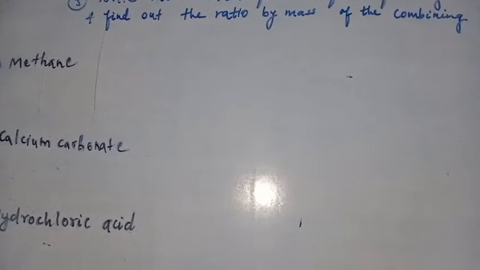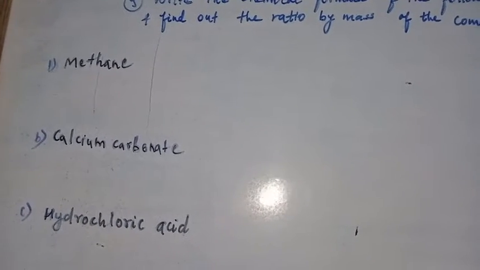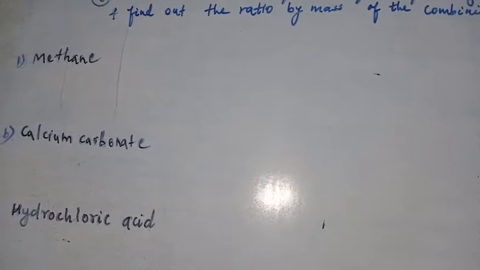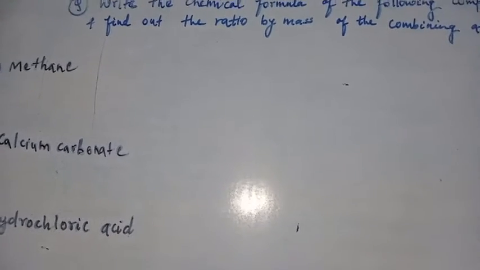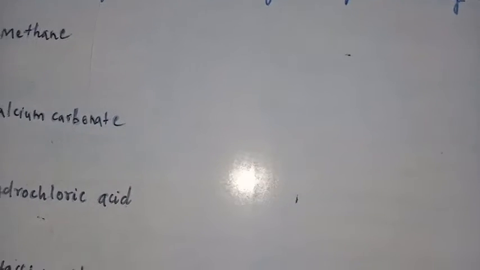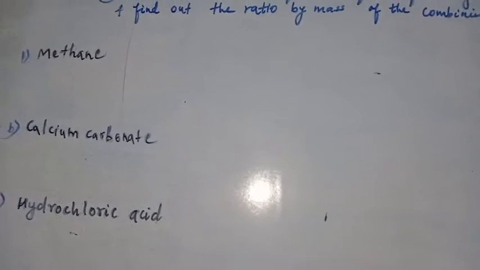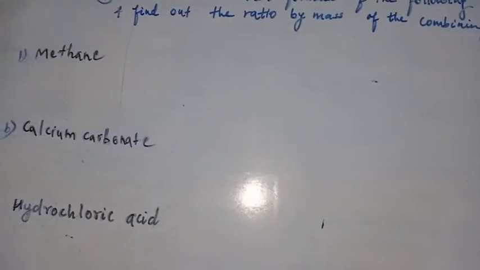Most of you have explained and shown how you got the ratio by mass. Some of you have just written directly. Some of you have done the description in the table itself. That is also okay, but it is better you show how you got the ratio.